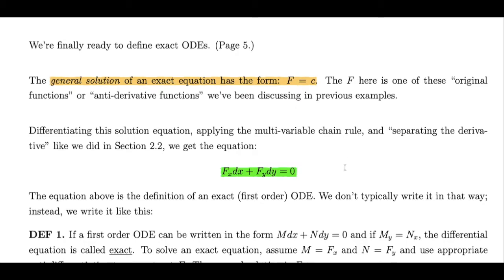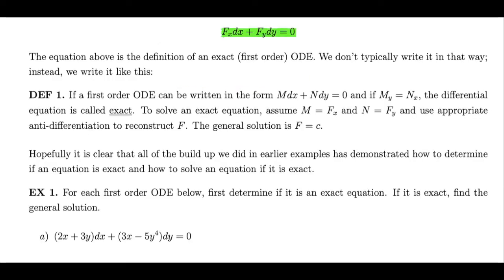So how can we test? What criteria do we use to determine if given expressions can function in that way? That's exactly the criteria that we just discussed and demonstrated in the previous example, and this is explained in our definition. Definition 1 indicates that a differential equation is called exact if it meets two criteria. First of all, it must have a specific form.